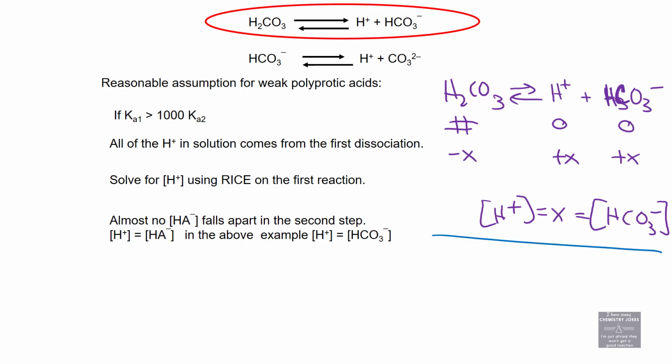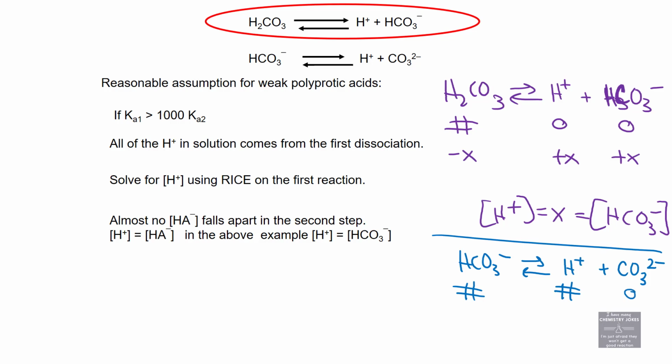So if we were to write a RICE table for our second dissociation, we would write this. But the thing is, there is some H plus at the beginning of this, and there is some HCO3 minus, but there's no carbonate.